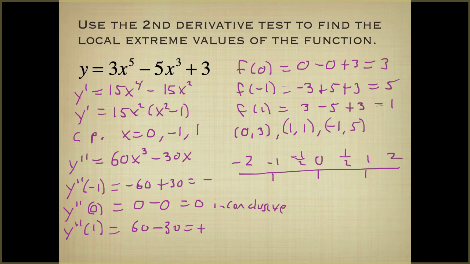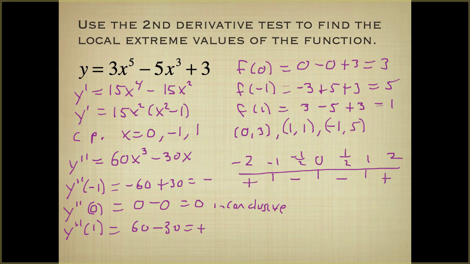When we use this sign chart, we're going to use the first derivative. So we plug in -2 and you will get a positive. If you plug in -1/2, you'll get a negative. If you plug in 1/2, you'll get a negative. And if you plug in 2, you will get a positive.